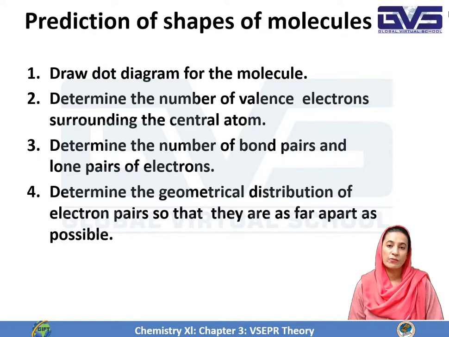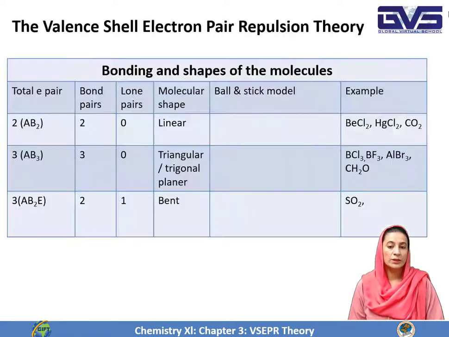On the basis of bond pairs and lone pairs, check the repulsion among lone pair-lone pair, lone pair-bond pair, or bond pair-bond pair. Then predict its shape: bent, pyramidal, tetrahedral, linear or triangular. So these four steps have to be followed while predicting the shape of a molecule.